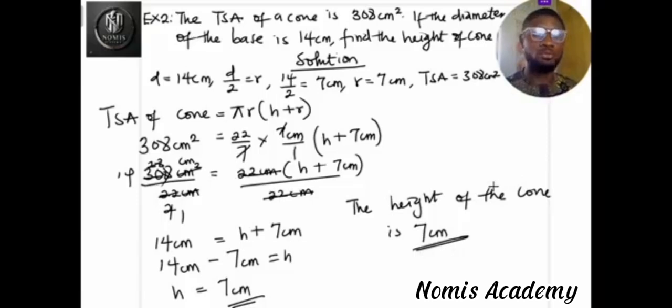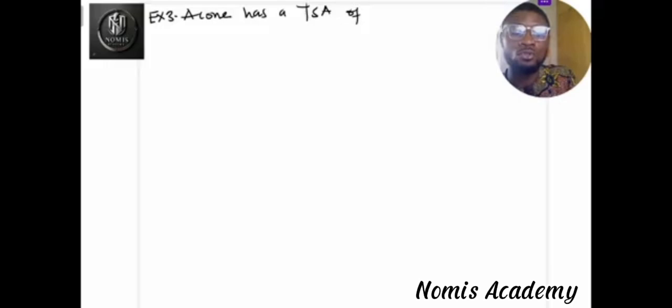Let's see example number 3, the final question. The question says a cone has a total surface area of 264 centimeter squared.